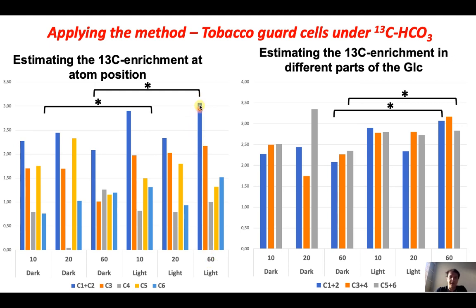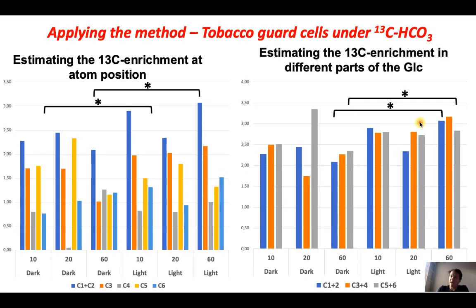Here we have the enrichment per carbon, C1 plus C2, C3, C4, C5, C6, and you can see there's no enrichment in carbon 1 and 2 in the dark, but there is an increase in the 13C enrichment in carbons 1 and 2 in the light. So probably this is the carbon mostly labeled by photosynthesis.